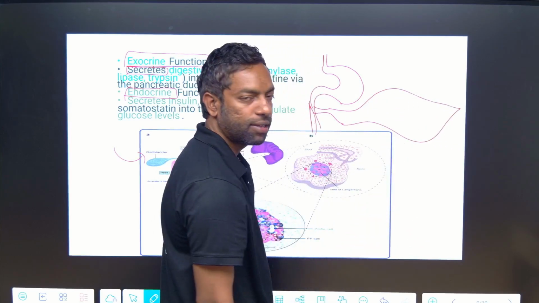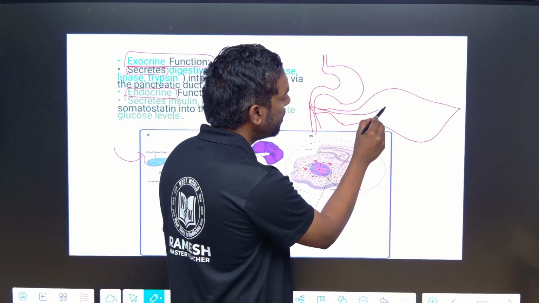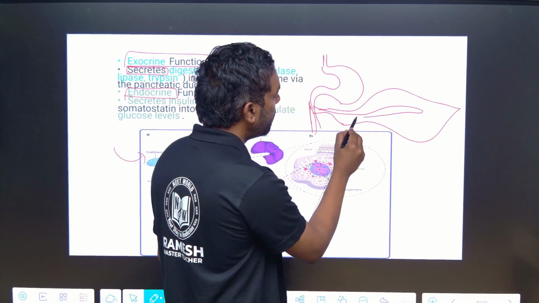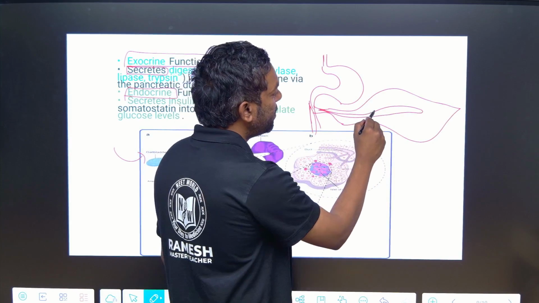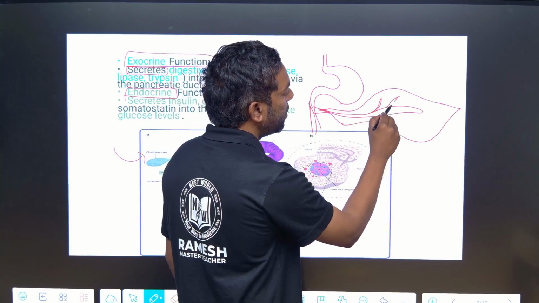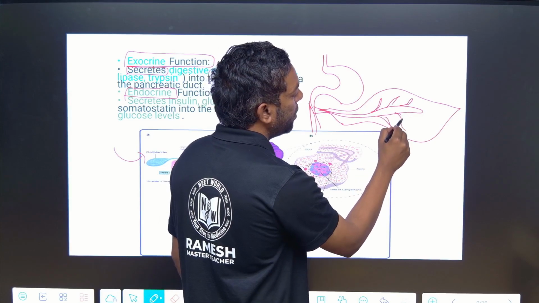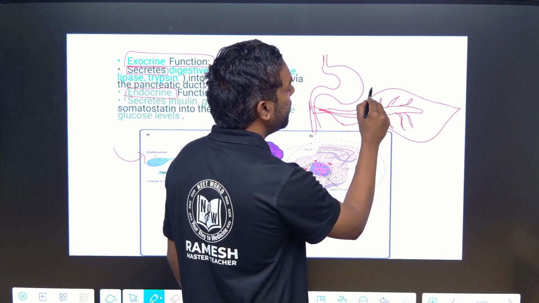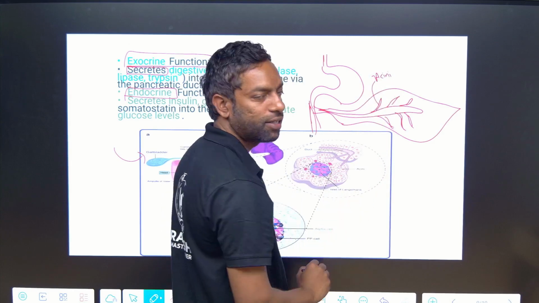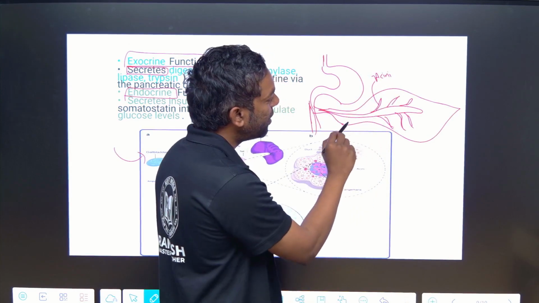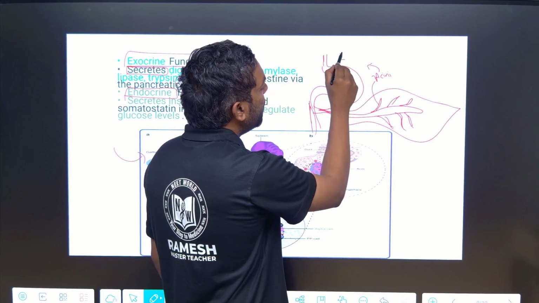This is the pancreas. The pancreas has a duct. The duct has acini cells, and they release digestive enzymes.